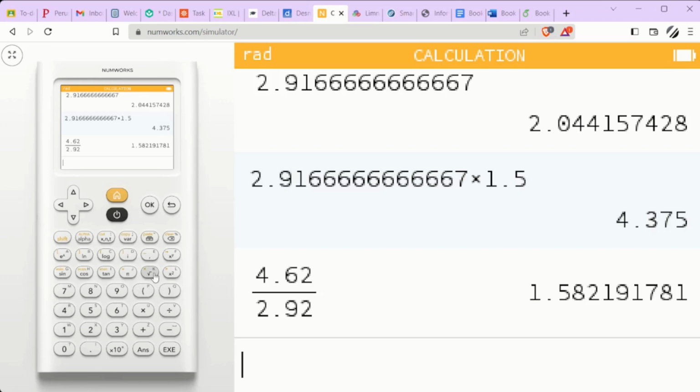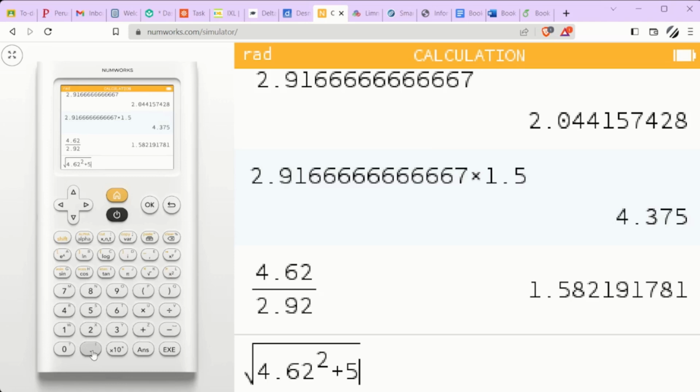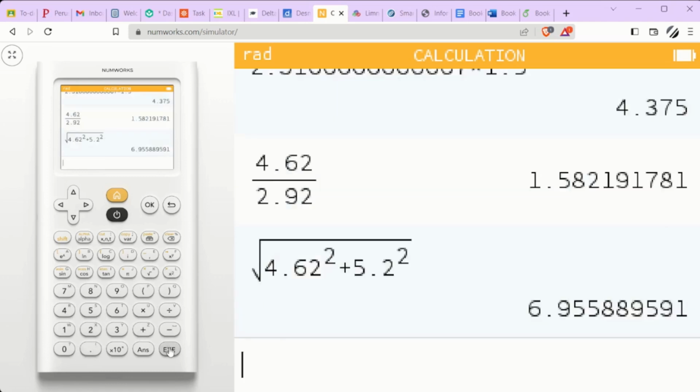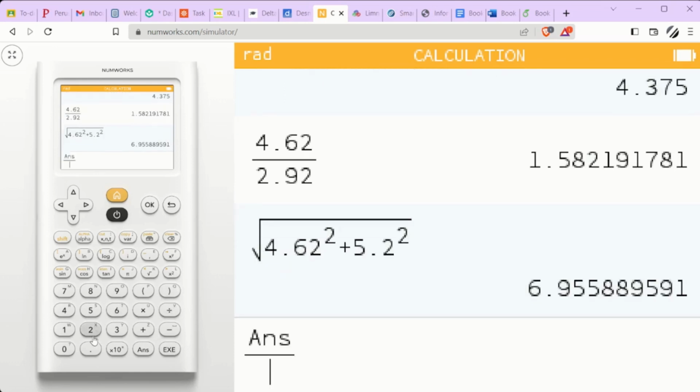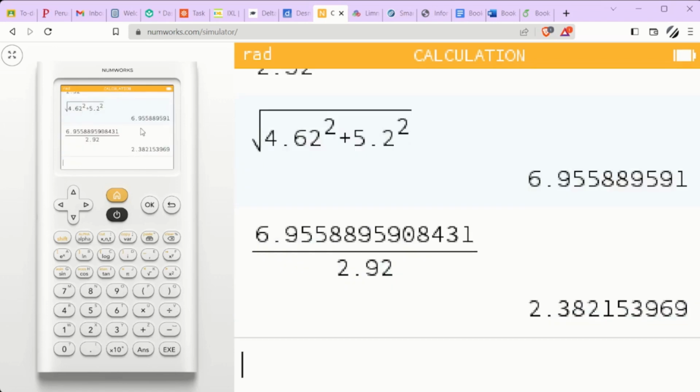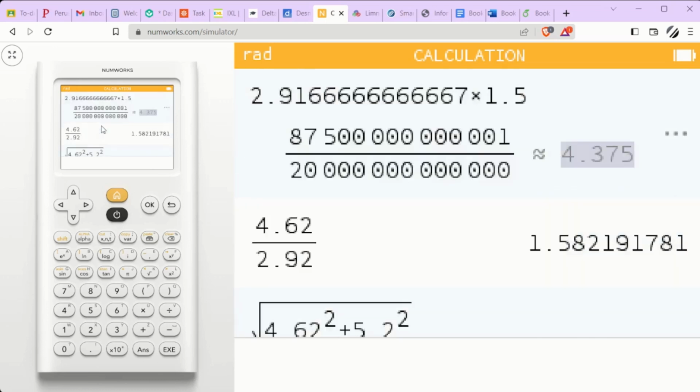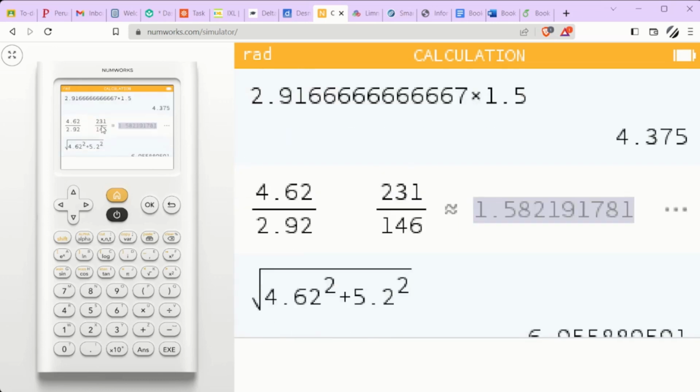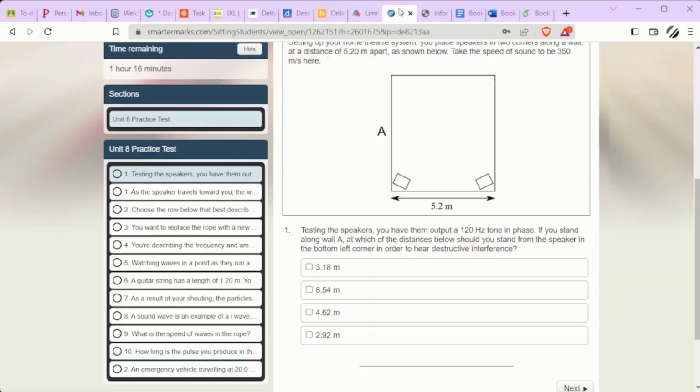Now, the square root of 4.62 squared plus 5.2 squared, okay, that's about 7 meters. We divide that by our 2.92, and that's a 2.38. So our 2.38 and our 1.58, they differ by 0.8. So that one's not lining up either.